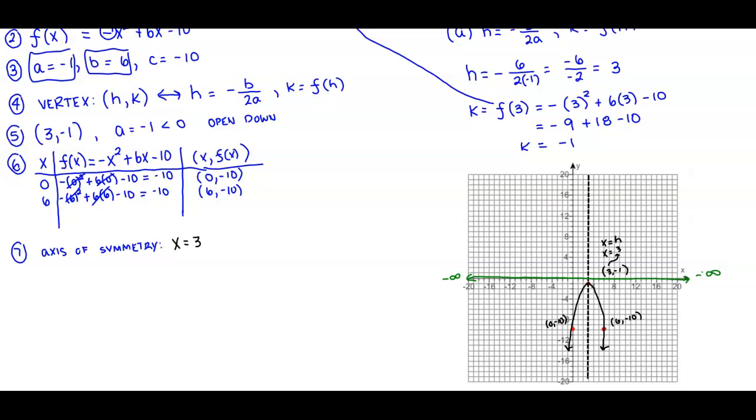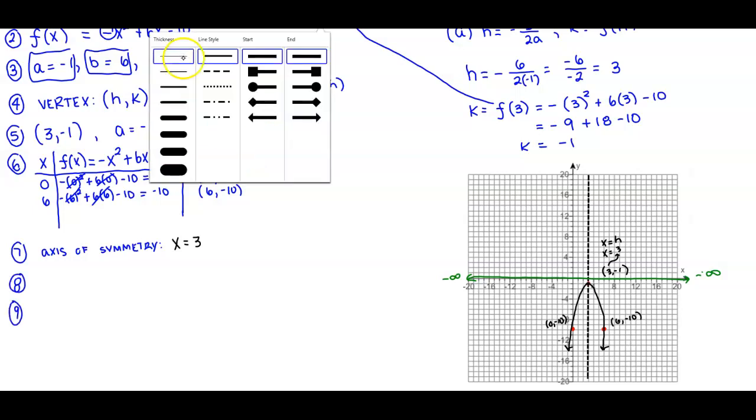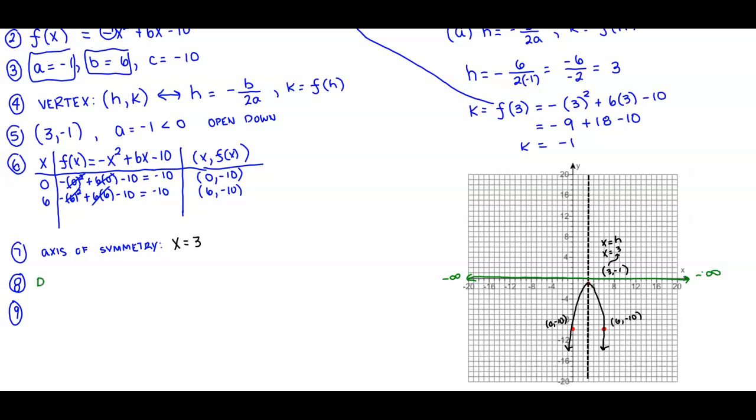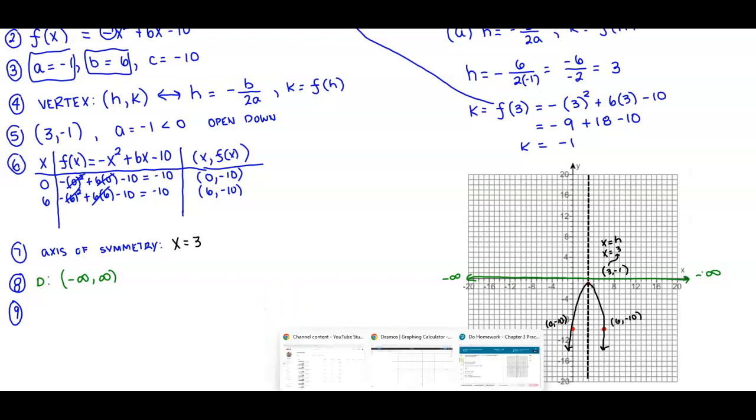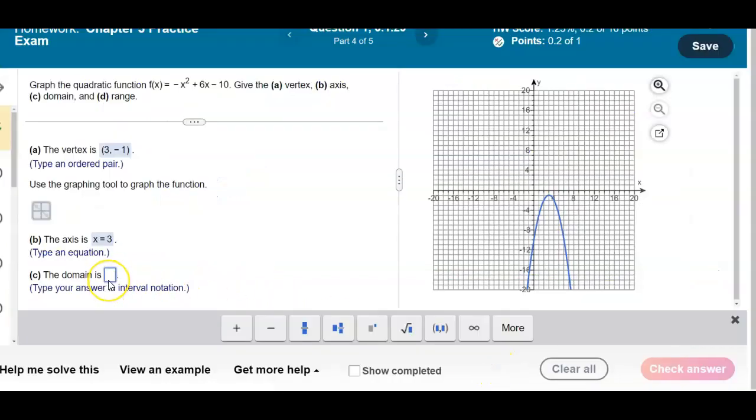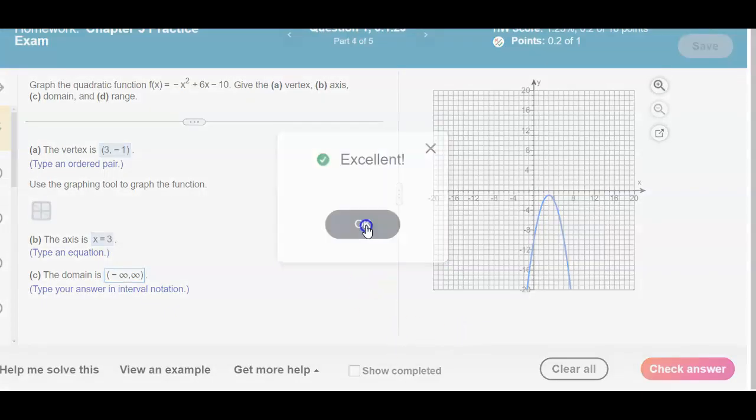So therefore, we're going to say that the domain is going from negative infinity to positive infinity. So let's go ahead and put that answer in here. So we have negative infinity to positive infinity, and there's our answer.